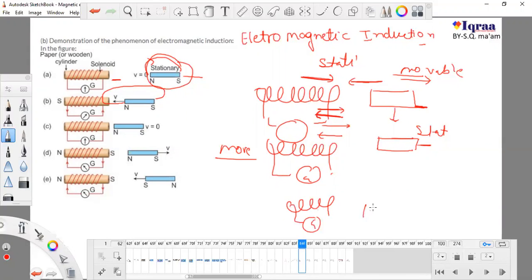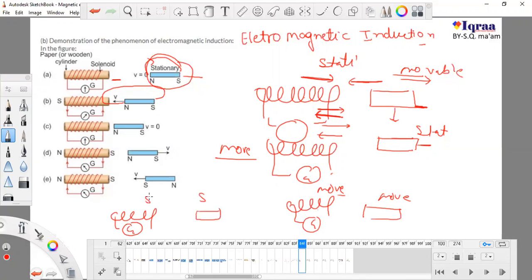So either the coil should be movable, or the magnet should be movable. But there is only one impossible condition: when both of them are stationary.